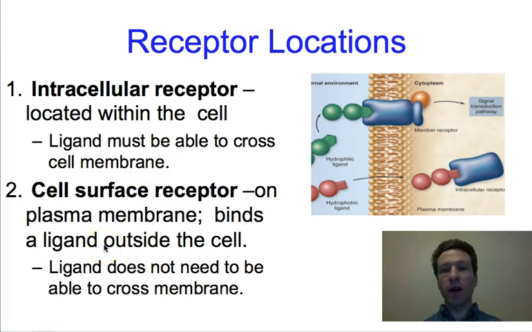We have already talked in other parts of the course about the properties of molecules that can cross a plasma membrane and the properties of molecules that cannot. So when you consider the properties of these, let's assume both of these molecules are relatively small. Think about which one must be polar to get across the membrane and which one can be nonpolar and stay outside of the cell without having to cross through the phospholipid tails.